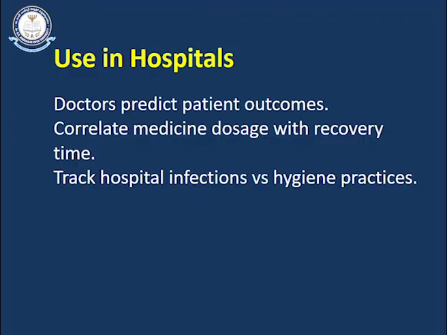Looking at scatter diagrams, doctors can make many interpretations, like the relationship between medical dosage and recovery time. The doctor might write, take this tablet thrice a day and the recovery would be fast, and if the same tablet is taken only once a day, the recovery might be slow. So that is the relationship between the dosage and the recovery time.